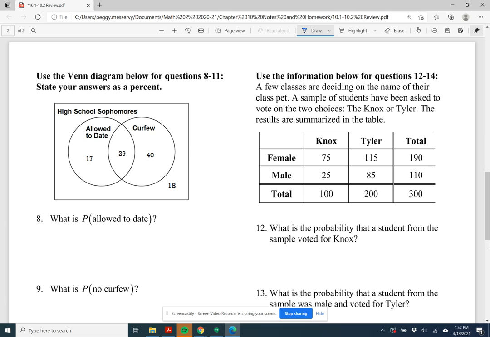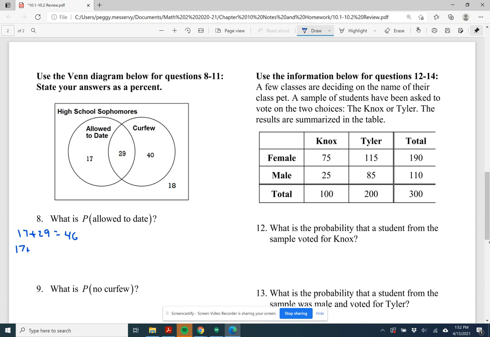What is the probability that when you randomly draw or select a student, a sophomore, that they're allowed to date? Probability that they're allowed to date. Well, how many are allowed to date? That's 17 plus 29, which is 46.